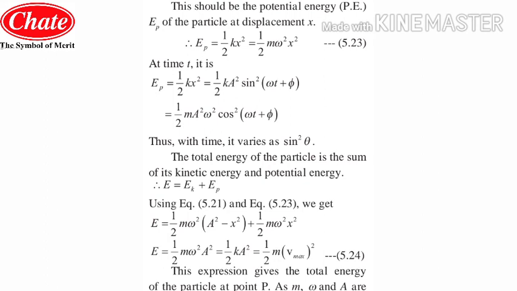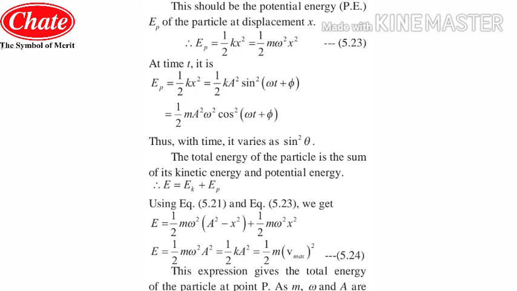Now at time t, the potential energy will be half into k a square sine square (omega t plus phi), as we have put the value of x. So EP is equal to half m a square omega square sine square (omega t plus phi). This will be the final expression.